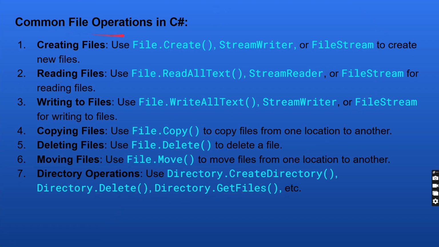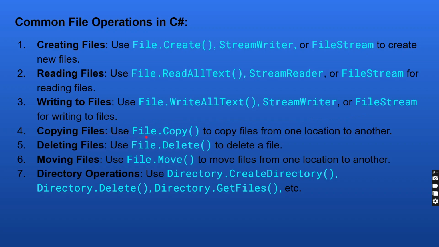Common file operations in C#. For creating files, use File.Create, StreamWriter or FileStream to create new files. Reading files: File.ReadAllText, StreamReader, FileStream for reading files. Writing to files: File.WriteAllText, StreamWriter, FileStream for writing files.